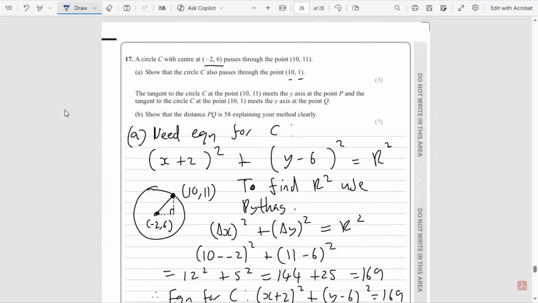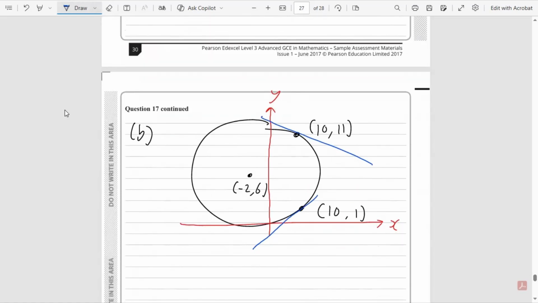The tangent at (10, 11) meets the y-axis at point P, and the tangent at (10, 1) meets it at point Q. So the top one is point P, up there, and the bottom one down there is Q. So we need to show that PQ equals 58.